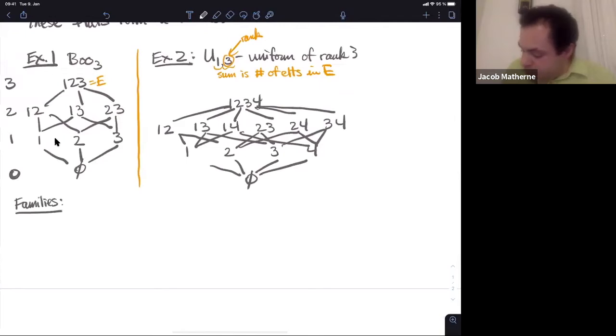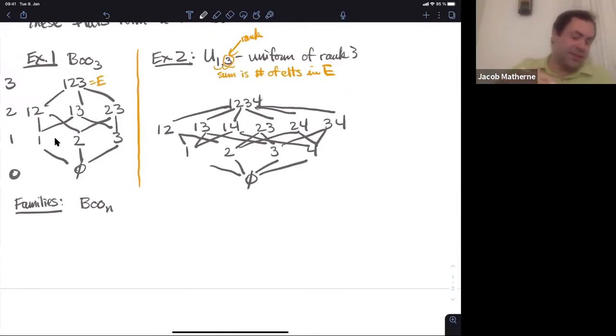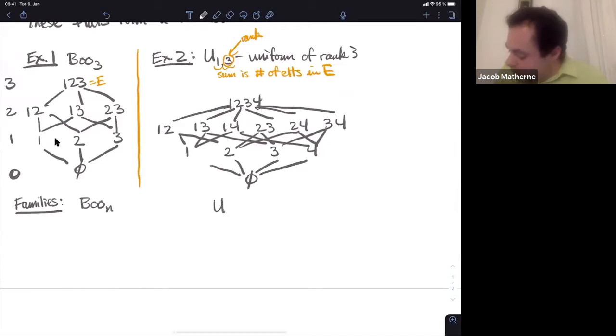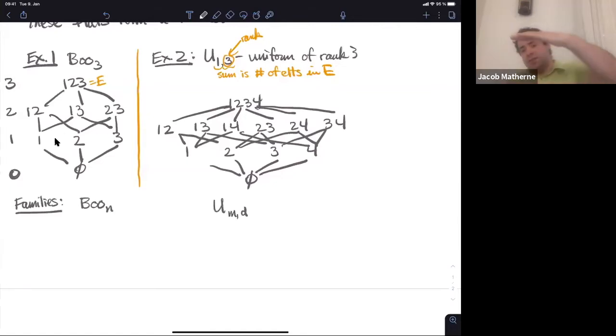So I could take the Boolean matroid on n elements, so the flat is a subset of the set 1 through n. And then I could take the uniform matroid of rank d on n plus d elements. Again, I start with the empty flat, I take all subsets up to size d minus 1, and then I jump to the top.